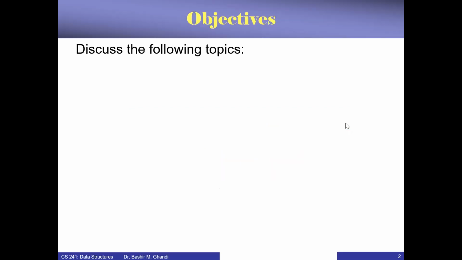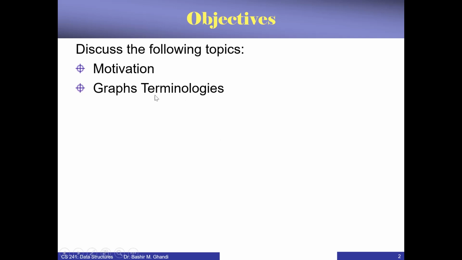Okay, so the topics in this first part, first of all, a motivation. Why do we want to study about graphs? And then, what are graphs? And what are the different terminologies related to graph? Just like we did with the trees earlier. Then we look at how graphs are represented on the computer in your programs.